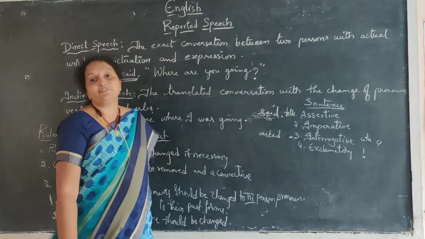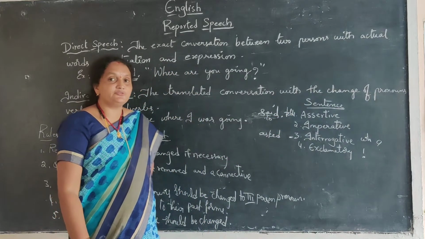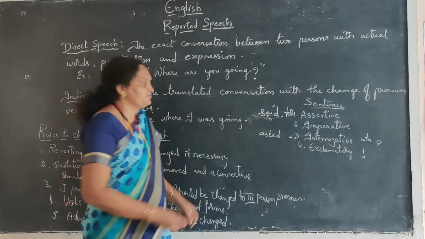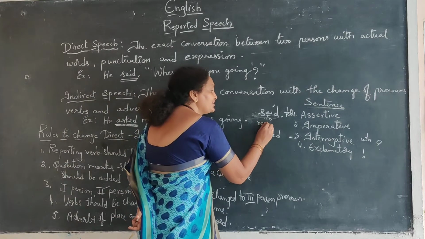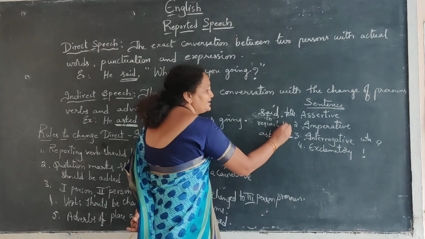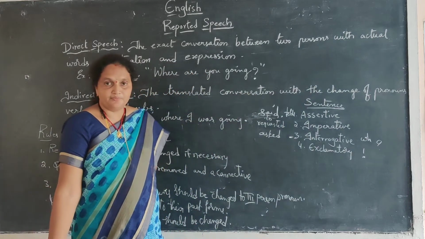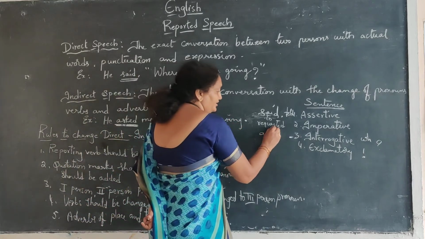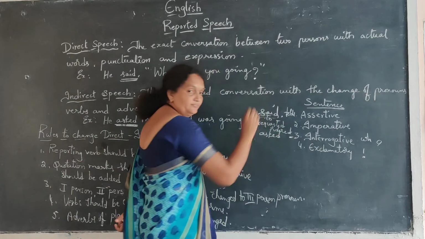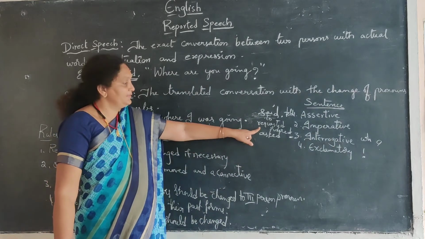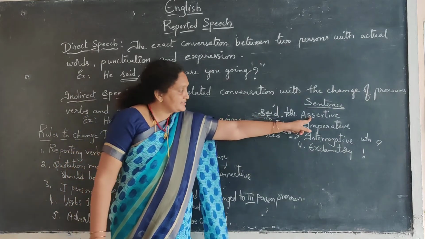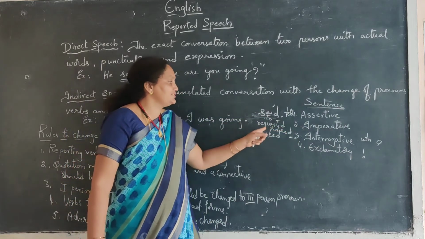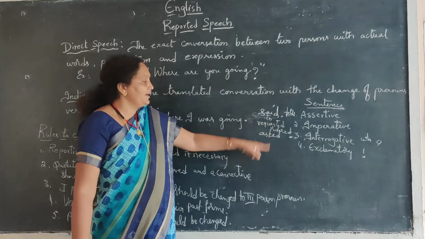If it is an imperative sentence, do you know what an imperative sentence is? Requesting, commanding. If it is a request, what should we write here? Requested. I requested him to give me his book. And ordered. I ordered him to stand up. So if it is an assertive sentence, we have to write said to or told. If it is an imperative sentence, requested, suggested or ordered.